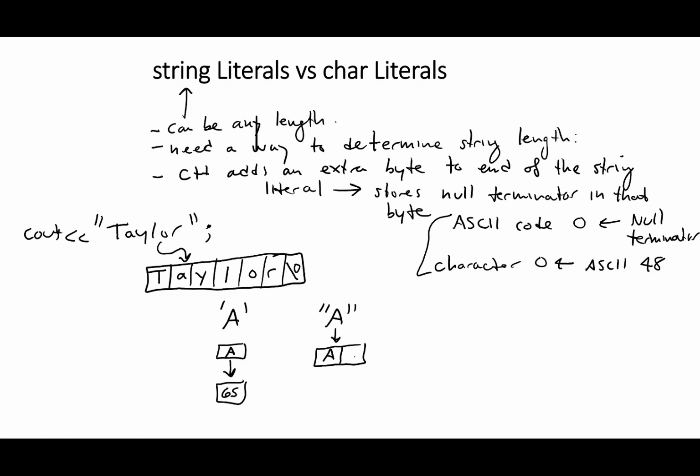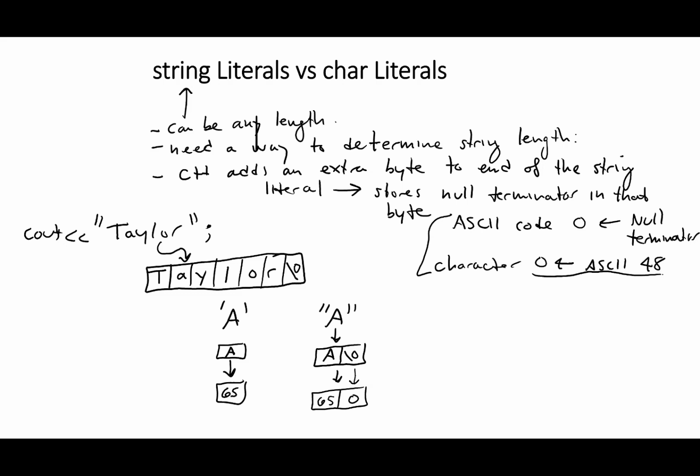So this is going to have A and then \0, stored as 65, and then the null terminator. And remember, the ASCII code for the null terminator is 0. But it's not the same thing as character 0, which is ASCII code 48.